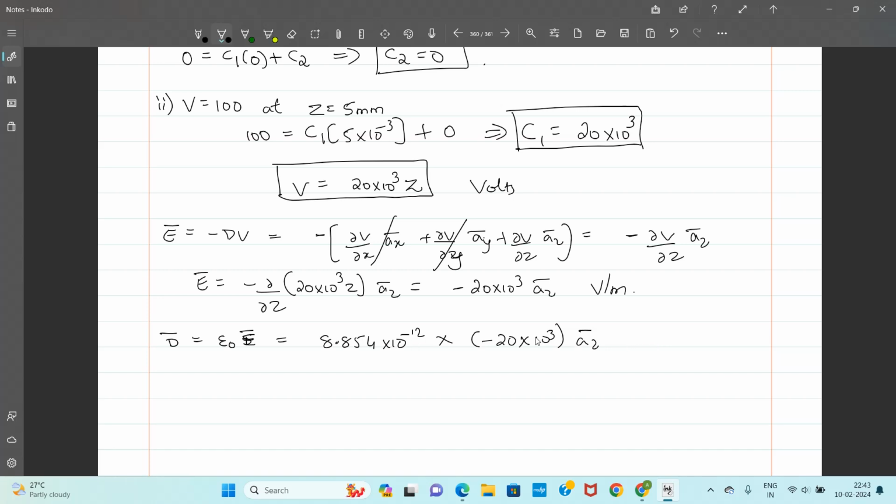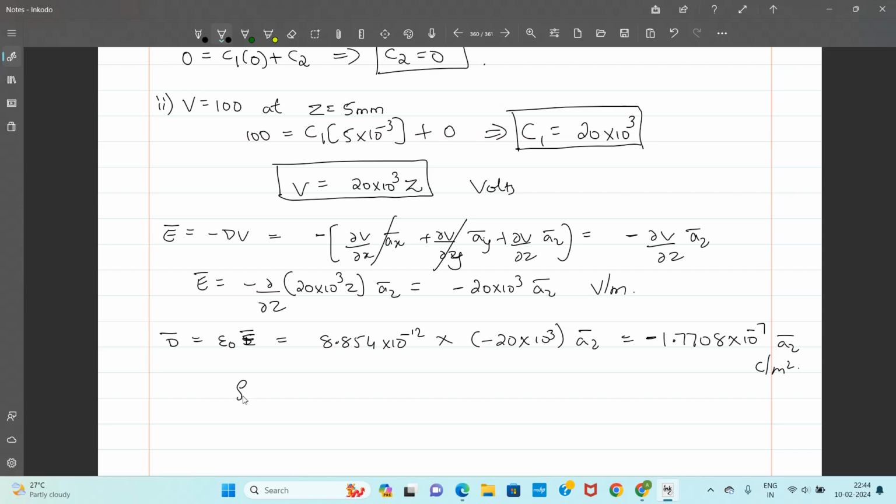So the solution for this is equal to minus 1.7708 into 10 power minus 7 in AZ direction, and the unit is coulomb per meter square. Please substitute it, calculate it using a calculator, multiply these two. Your answer should be minus 1.7708 into 10 power minus 7 in AZ direction.